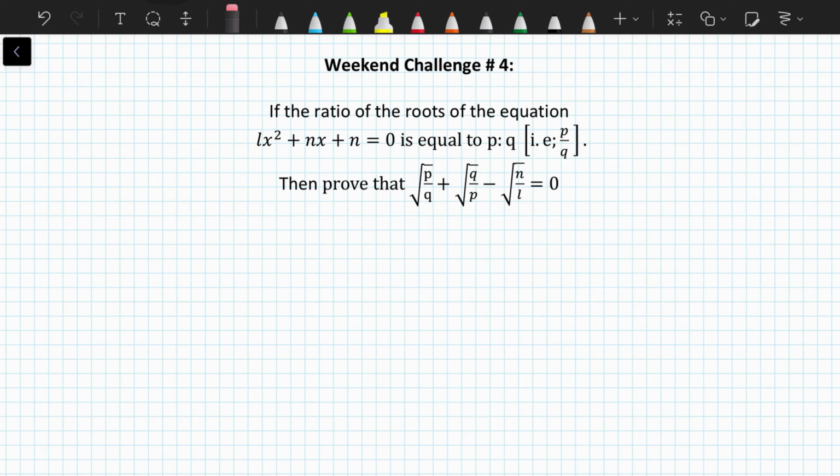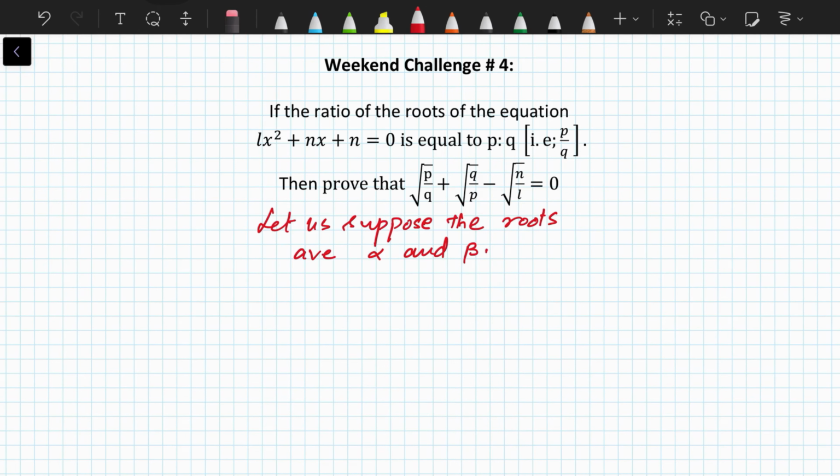So let's suppose first of all the roots of this equation are alpha and beta.